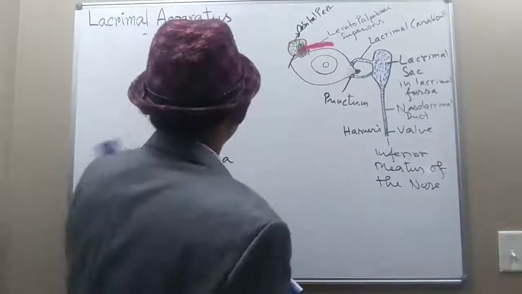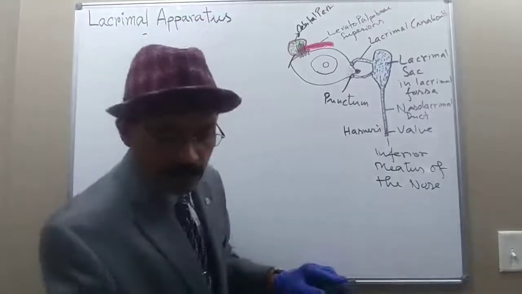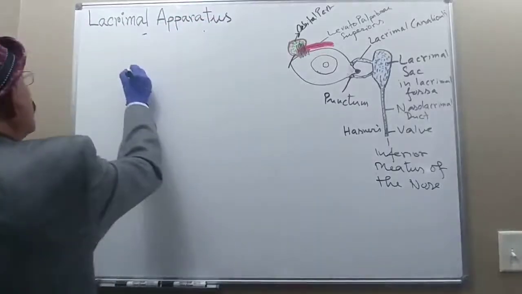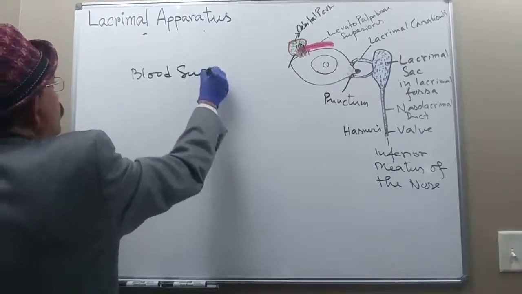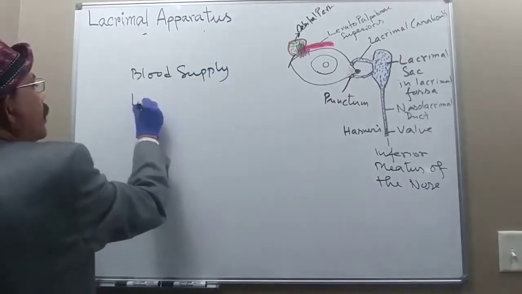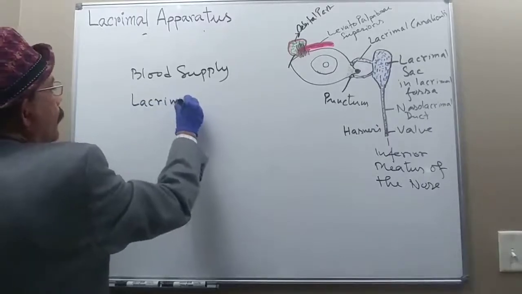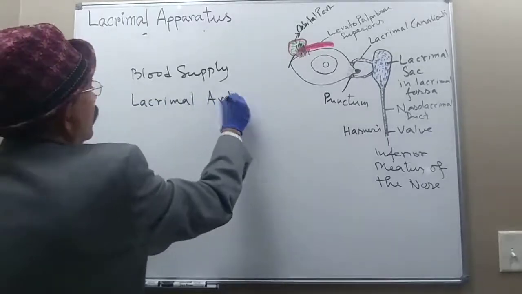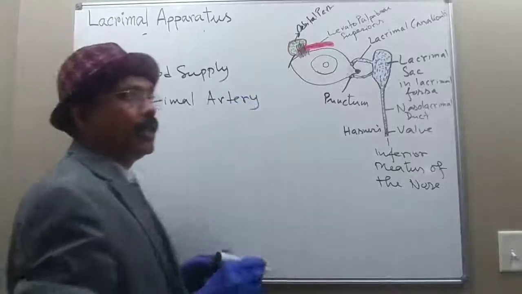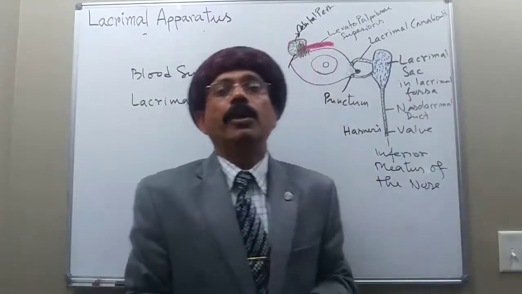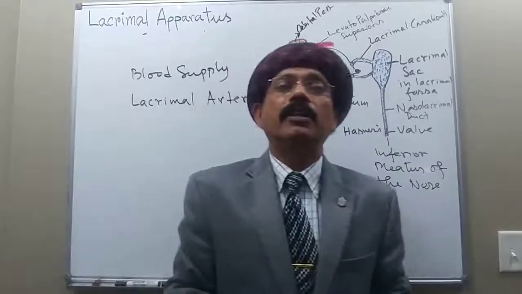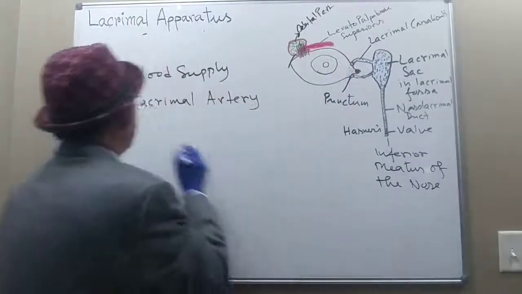Now what is its blood supply? Nerve supply. Okay, blood supply by means of the lacrimal artery. The lacrimal artery is a branch of the ophthalmic artery. The ophthalmic artery is a branch of the internal carotid artery.